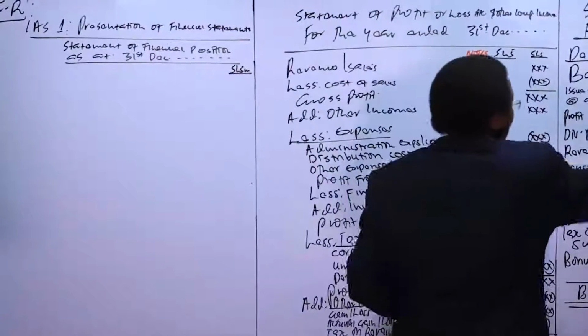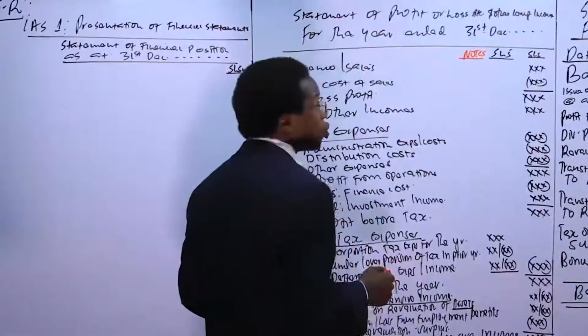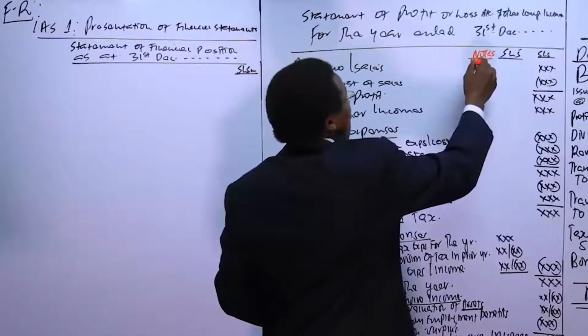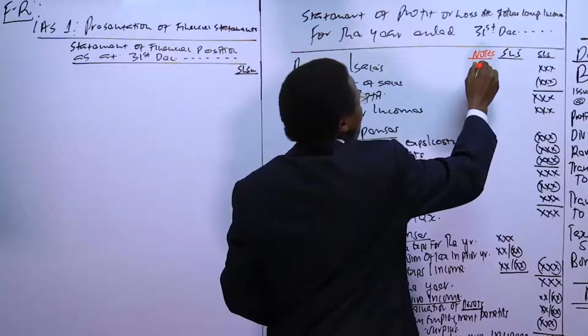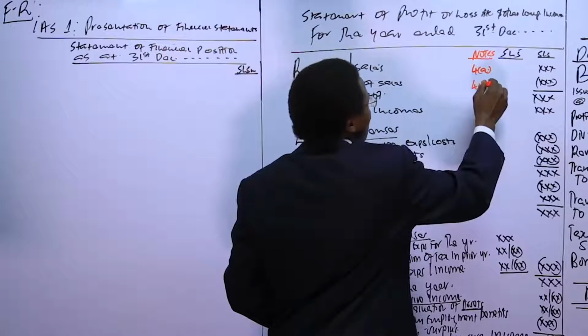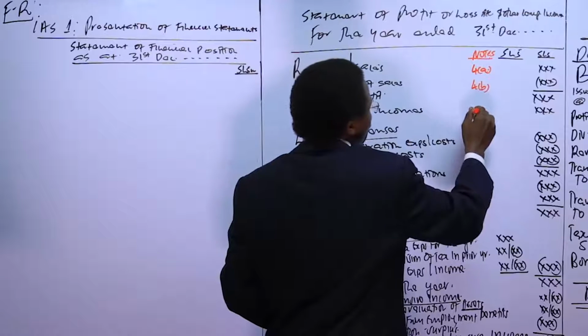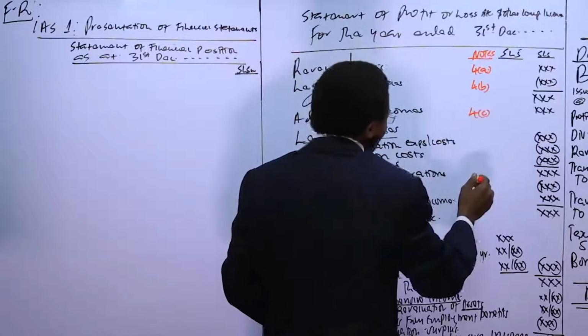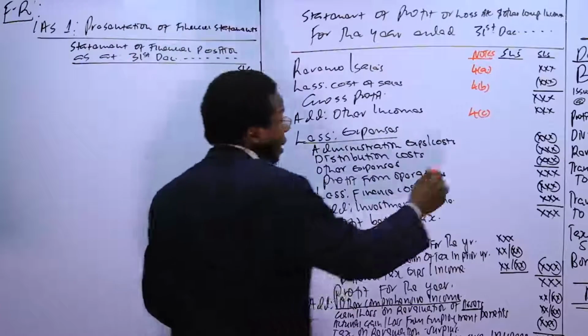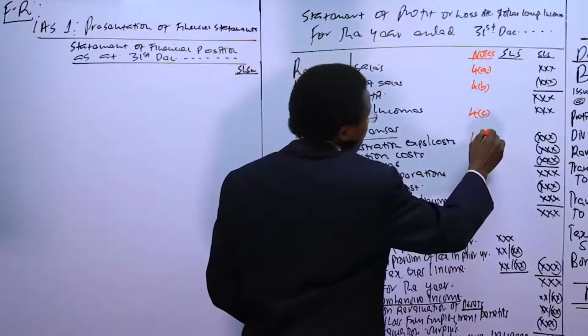Even in this, you may be required to give the relevant notes. You'll have a column, maybe note number 4A, 4B, 4C, like that. The notes will be explaining.